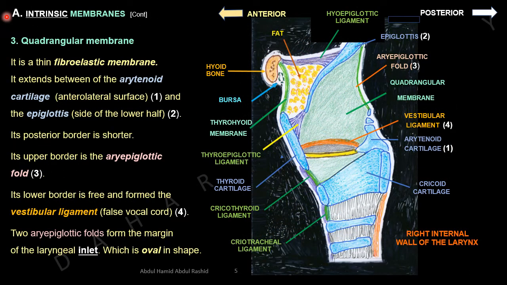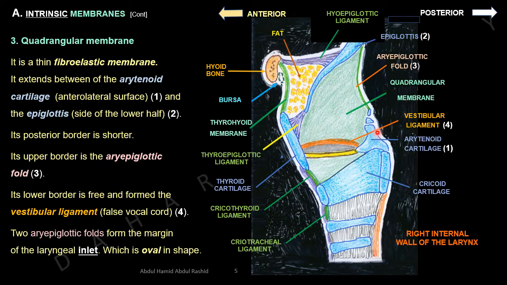B, intrinsic membranes. The third one is the quadrangular membrane. This is a diagram of the larynx, sagittal section. This is anterior and this is posterior. So you are seeing the inner surface of the right wall of the larynx. This is the cricoid cartilage.